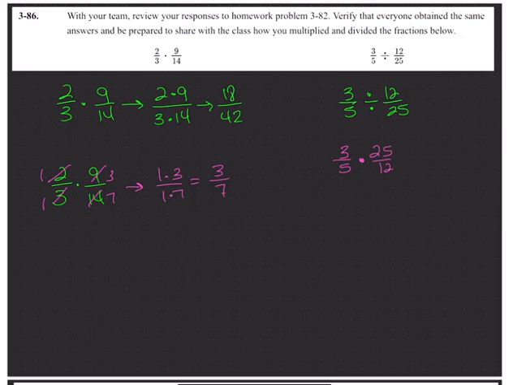And then now you're right back to a problem like this. You can make your choice if you want to multiply it all out and then reduce it. On this one, 6 goes into both of these, so you're dividing both by 6, and you're getting 3 over 7, right? Same answer as the one below. So whichever method you're more comfortable with, use it when it comes to finishing this problem.